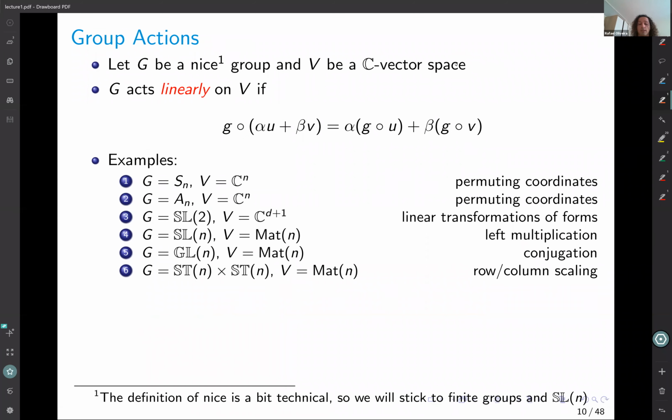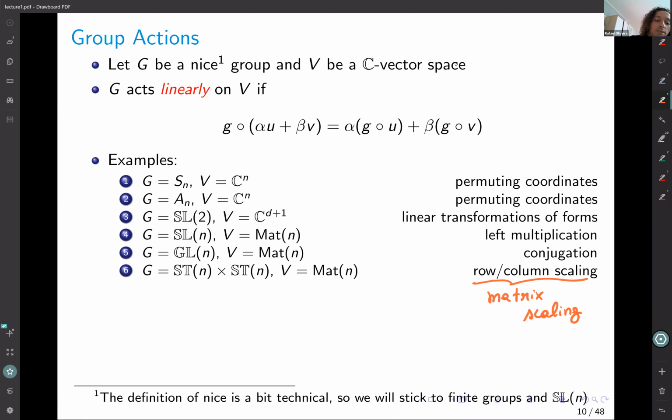And now this other action here is called row column scaling, and it goes by the name of matrix scaling. We're going to be analyzing this matrix scaling problem quite thoroughly in the next lecture, and we'll see that it has a lot of applications in many parts of mathematics, including combinatorics. And here, what is the action?